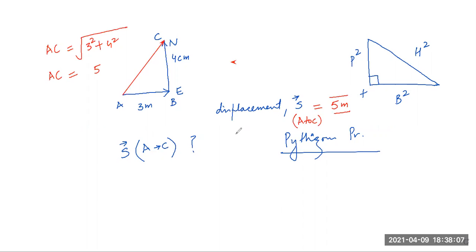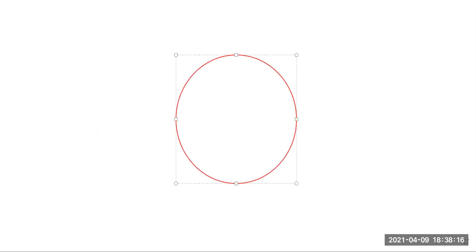Am I right? More interesting thing, students. Let us say a person is going along a circular path. Let us say a person starts from point A, right? Now, let us say AB is the diameter of the circle.